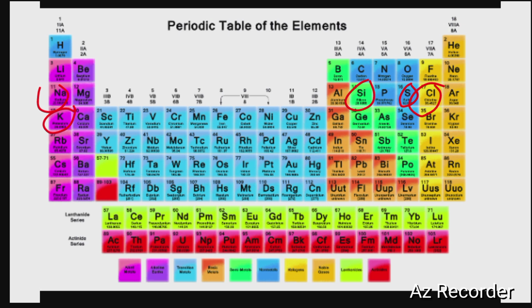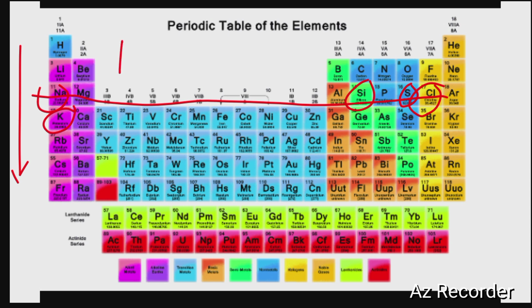When we look, except for all the other elements, potassium belongs to a different period. We know that as one moves down a group, the ionization potential decreases. So among all the other elements marked here, potassium will have the least ionization potential because it lies in a period just below the other elements.